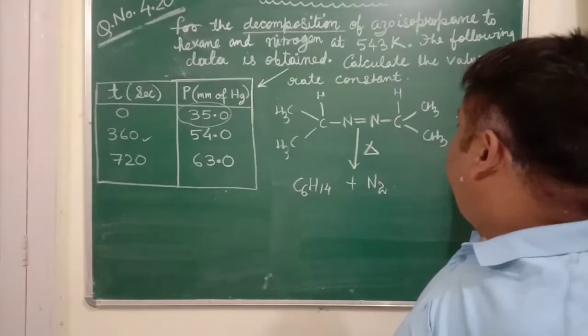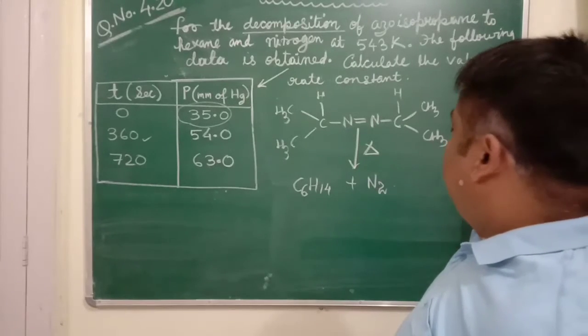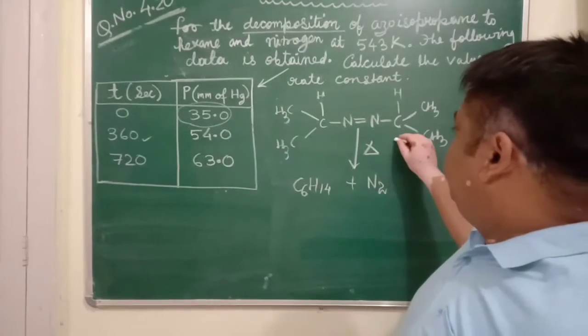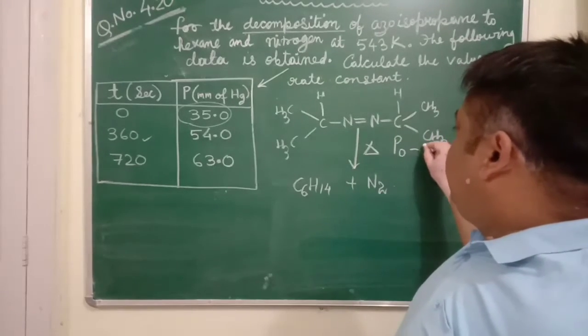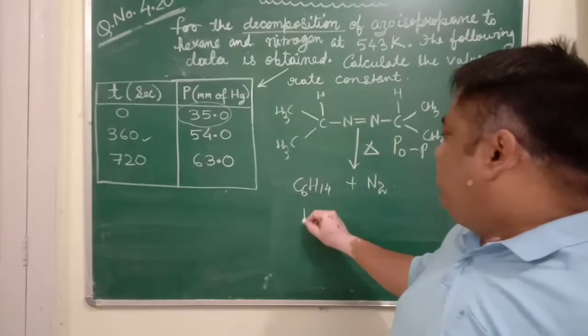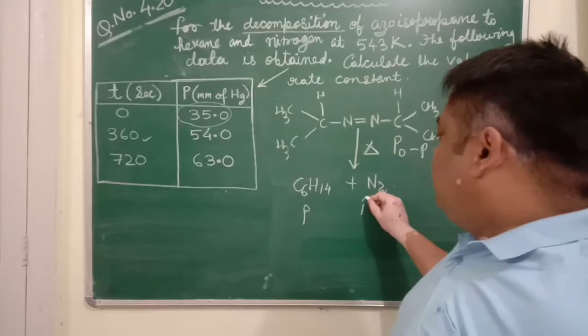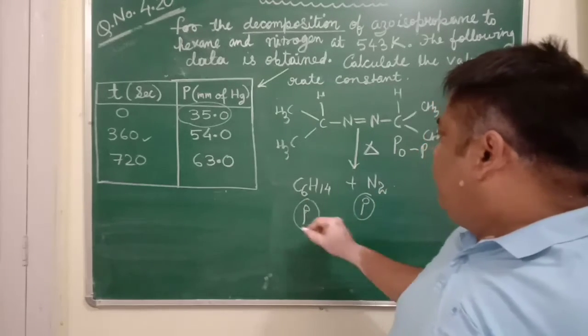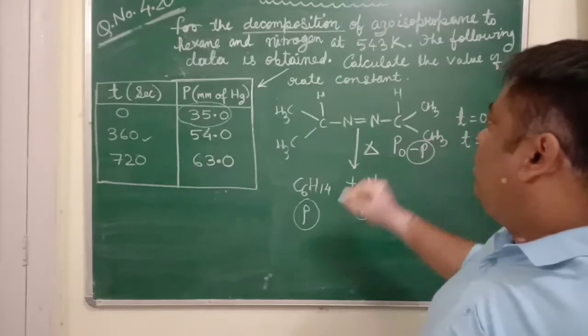But after time t equal to say 360 seconds or t dash, some amount P came out from isopropane and P amount of this and P amount of this is formed. Now we will exploit this fact to find out the values required.